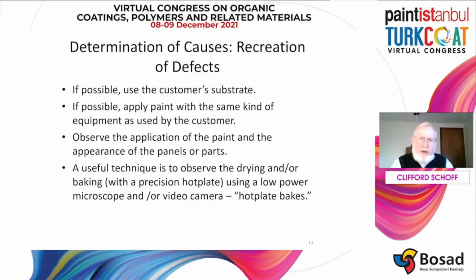I actually cut up a car body so that I could have exactly the same substrate the customer was using, because we never saw the defect when we used the panels that we bought, but we saw it on the automobiles. If possible, apply the paint with similar equipment, same kind of spray gun, similar techniques that the customer uses.